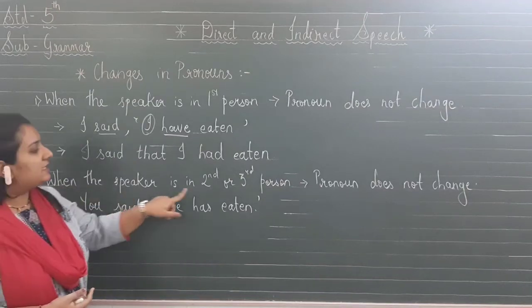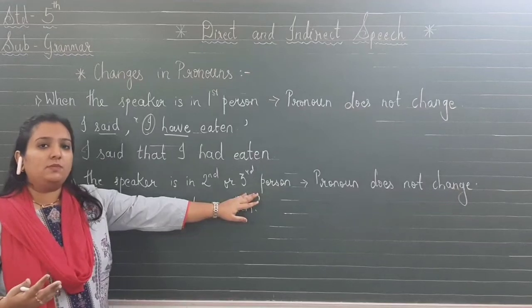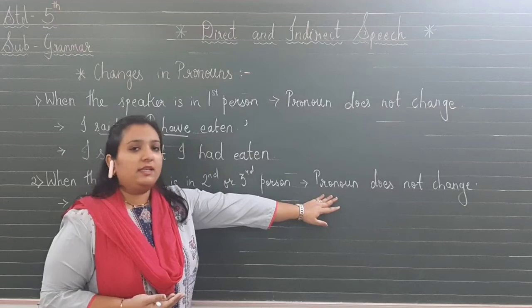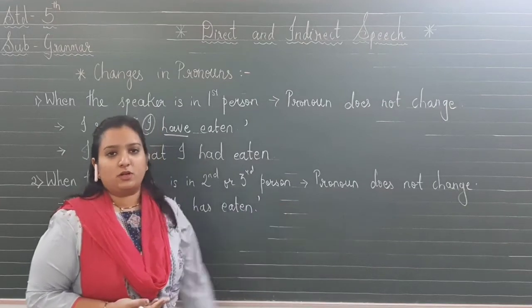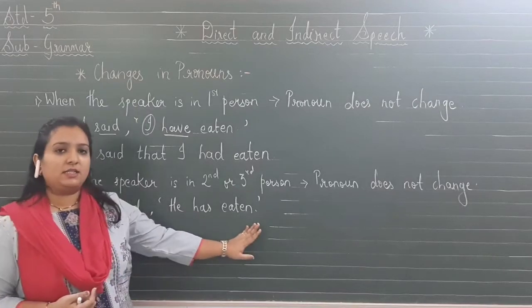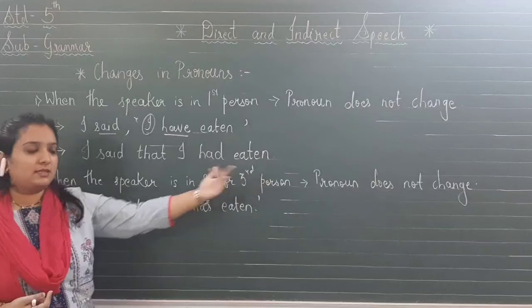Next, whenever the speaker is second or the third person and is talking about someone else, then in that situation also pronoun will not change. For example, you said he has eaten. Now, second and the third person is talking about someone else.